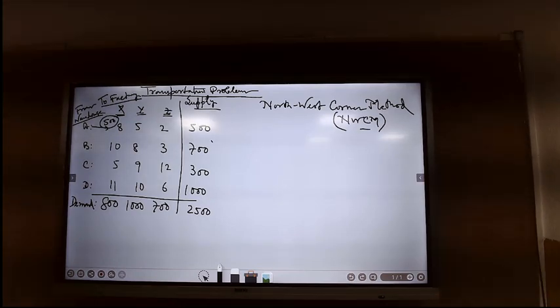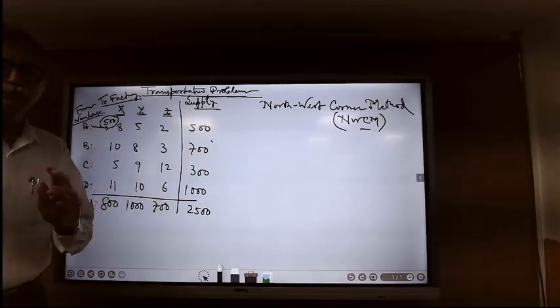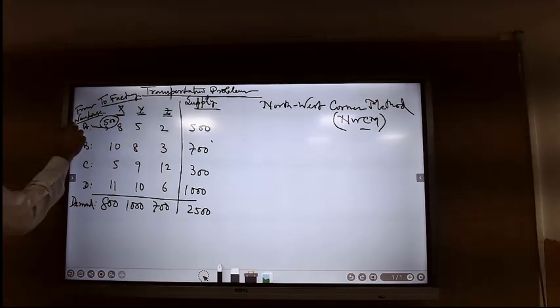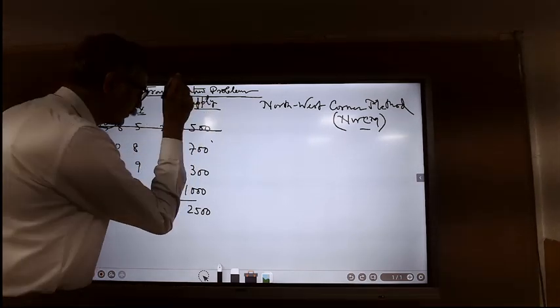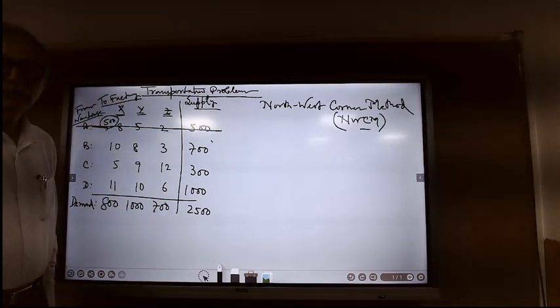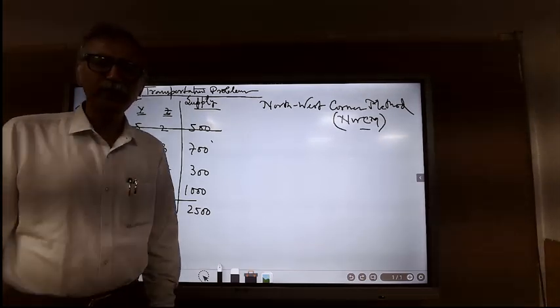Why? Because warehouse A can supply only 500, not more than that. So warehouse A is completely exhausted. It cannot supply any material to any other destinations, any other factories, because now it is fully empty.